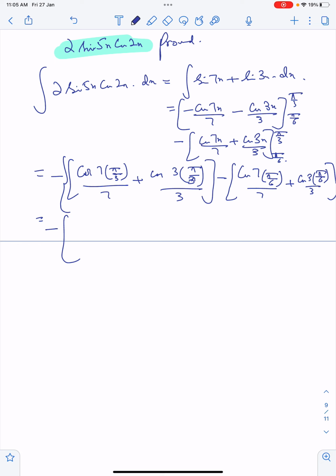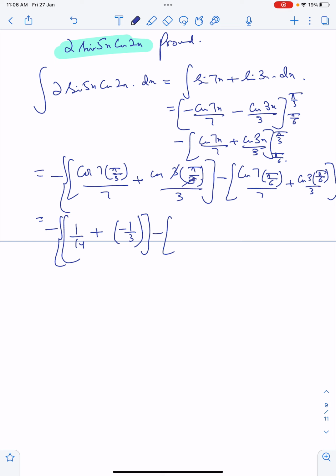Okay, let me just do it with the calculator now. It's 1 upon 14 plus this, and this will cancel out. Cos of pi we know is negative 1, sorry. Negative 1 upon 3, minus cos of 7 pi by 6.